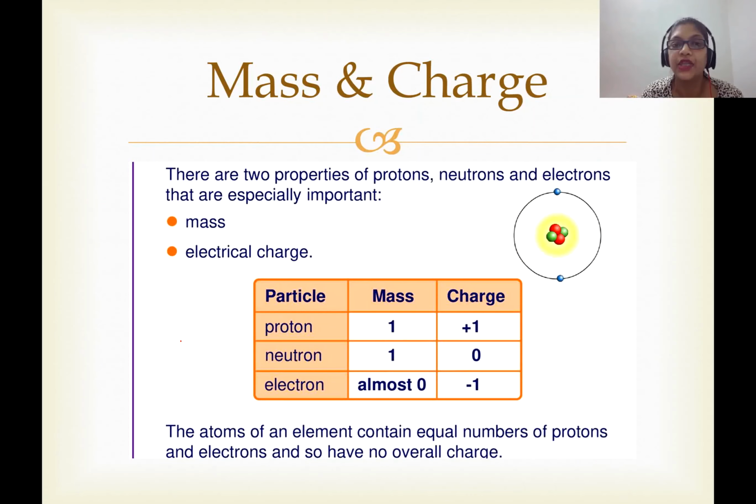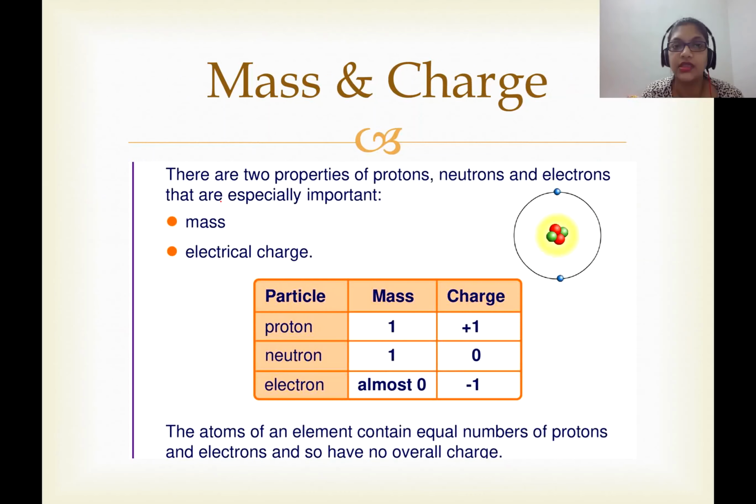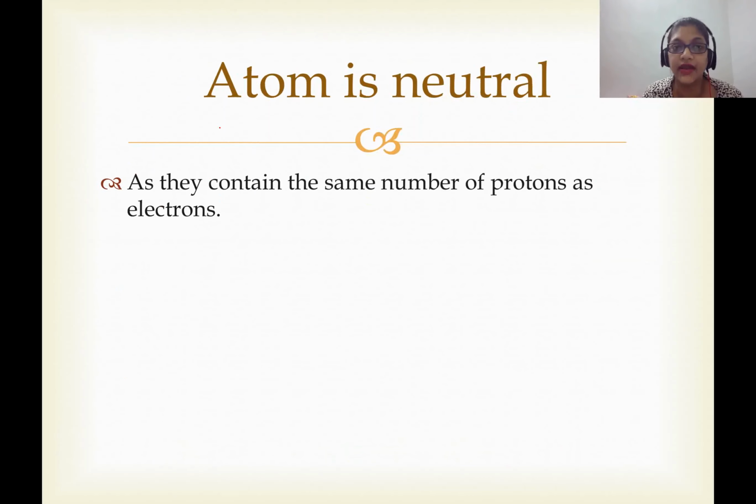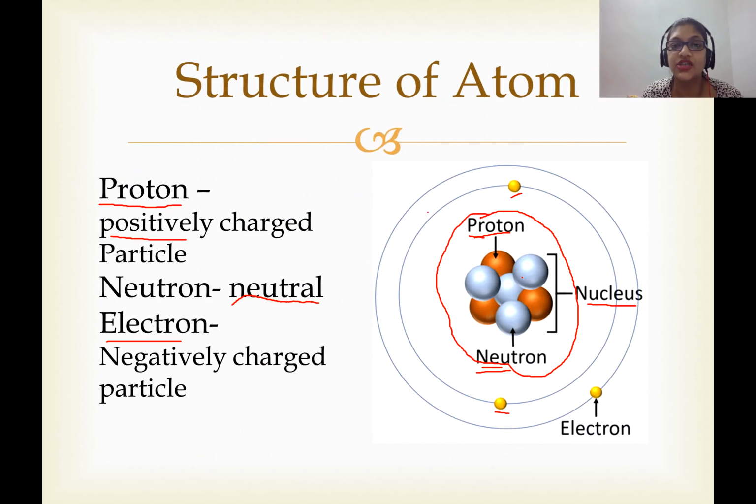This atom becomes neutral as the number of protons and electrons are equal. That means if I say atom is neutral, why? They contain the same number of protons and electrons, because the positive charge will cancel off the negative charge, so it will become neutral.